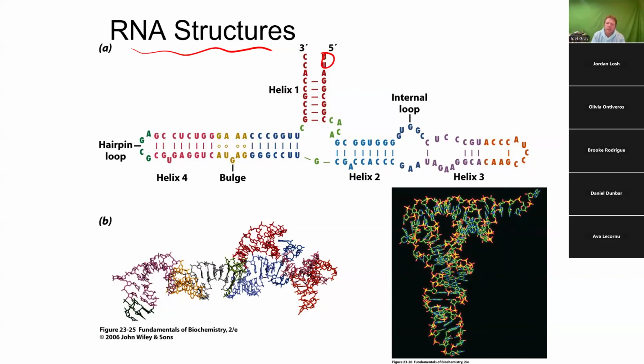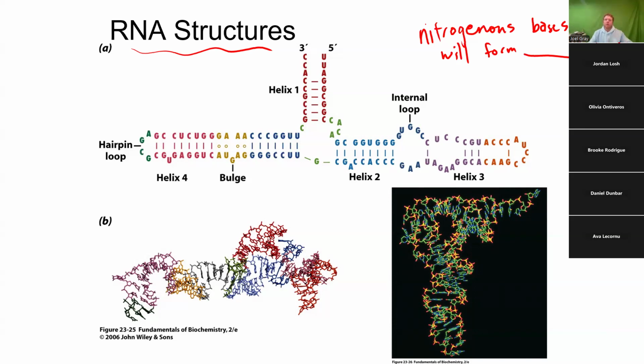And RNA is typically going to appear as a single-stranded molecule, but could anyone tell me what type of bonds do the nitrogenous bases like to form? Nitrogenous bases will form blank bonds.